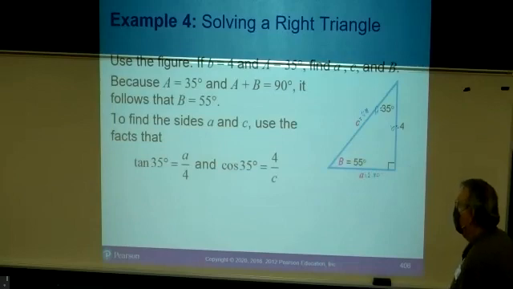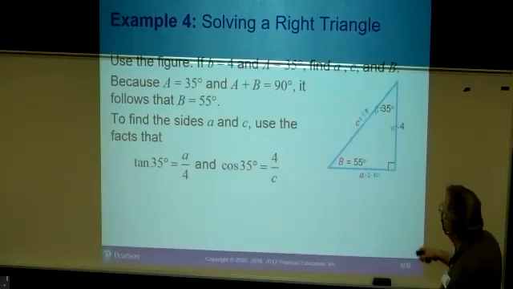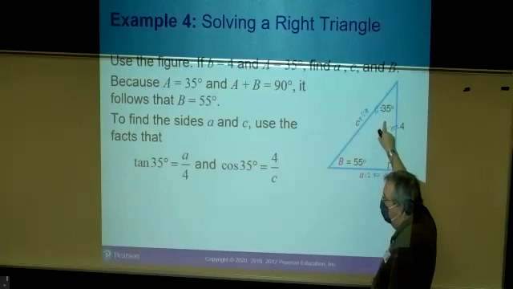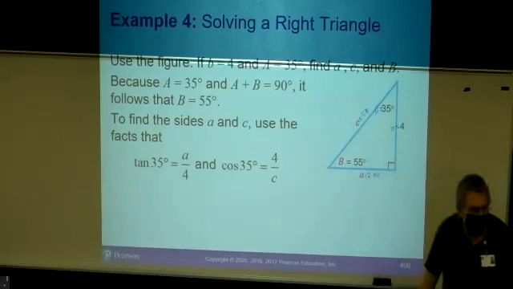Tangent of 35. And they used cosine of 35. Isn't that what I used?